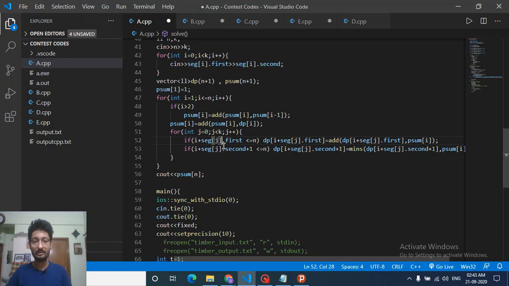So the left part is the original part, which is segment of j dot first, and the last value is segment of j dot second plus 1, because I have to add plus 1 to the current value.